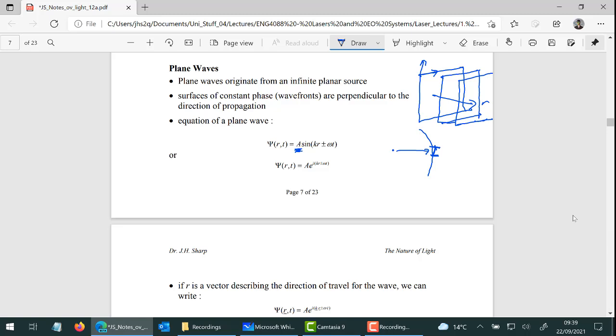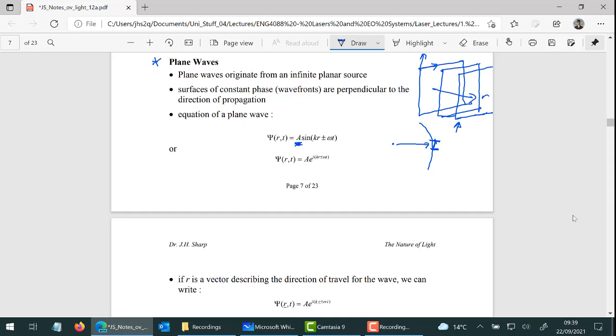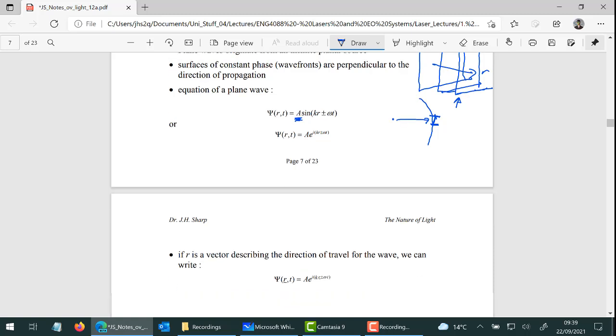The curvature is so small that it behaves like a plane wave. And the same thing for cylindrical waves. So our plane wave description is the one that we're going to use for all the maths that we're going to do in later sections.